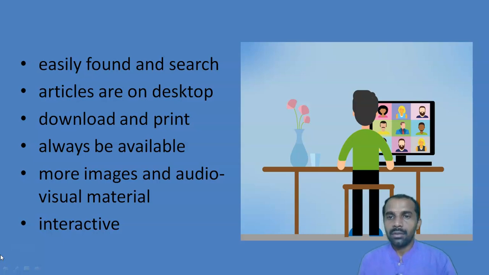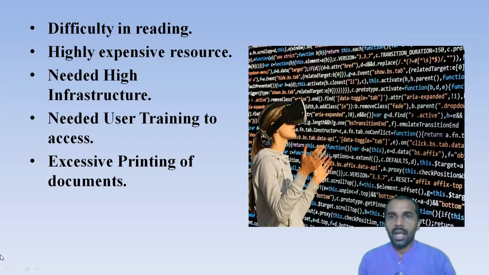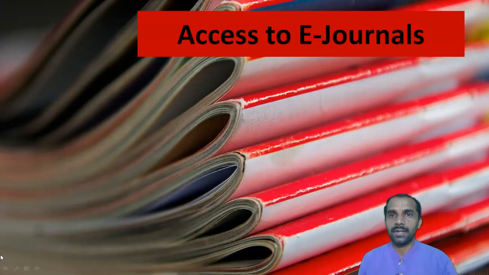You can email the author or editor with your comments. Disadvantages of e-journals: difficulty in reading, highly expensive resource, needs high infrastructure, needs user training to access, and excessive printing of documents.